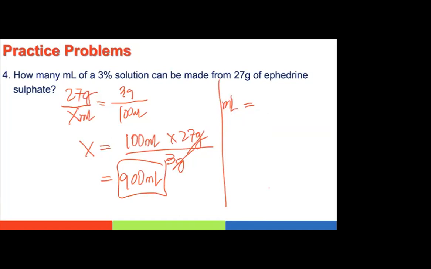Then you start from 27 grams. What do we multiply it by? We need to cancel gram. So what do we put in the numerator and denominator? Your numerator must be for ml, and your denominator must be for gram. Since it's 3%, that is 100 ml over 3 grams. So when we cancel the gram, ml remains, 900 ml.